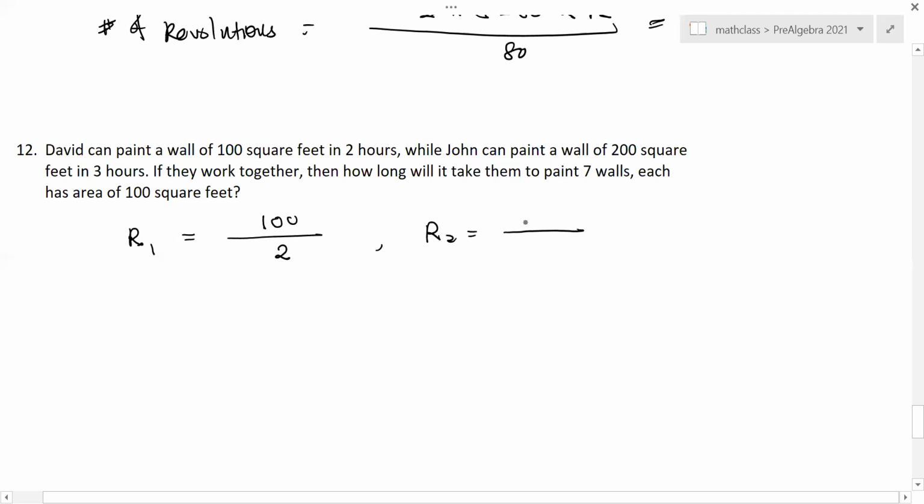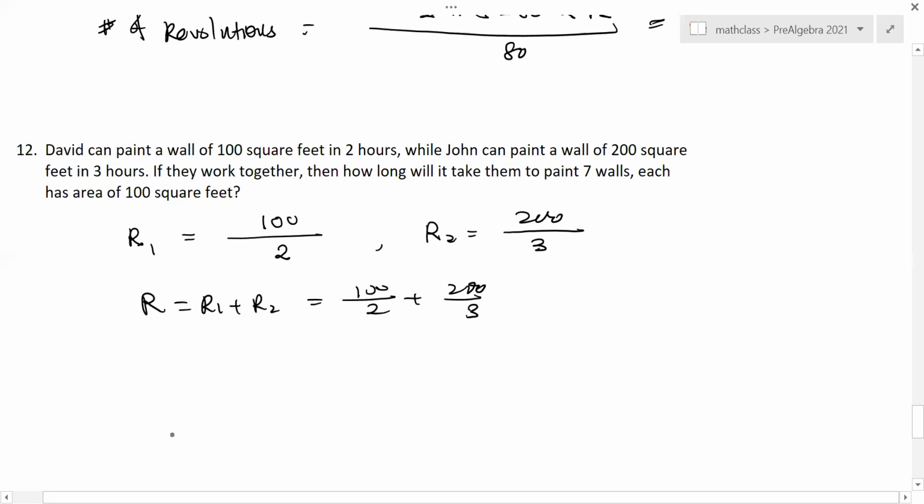R2, John's speed, is 200 divided by 3 hours. So the combined rate is going to be adding them together. Now you can simplify a little bit.